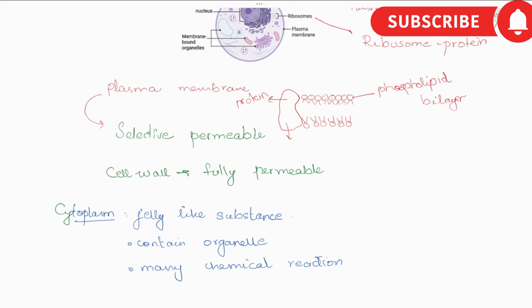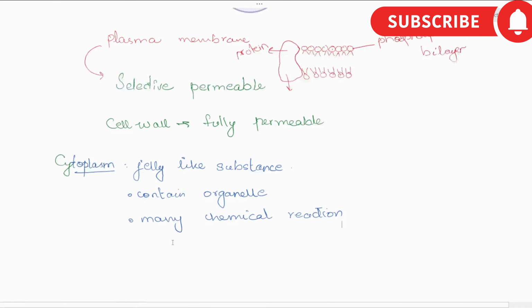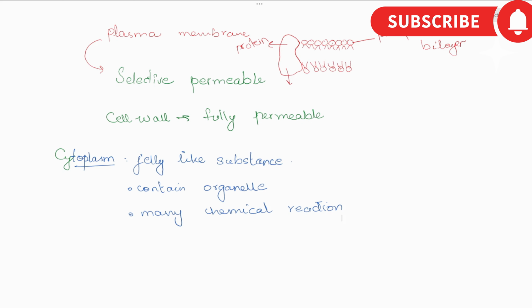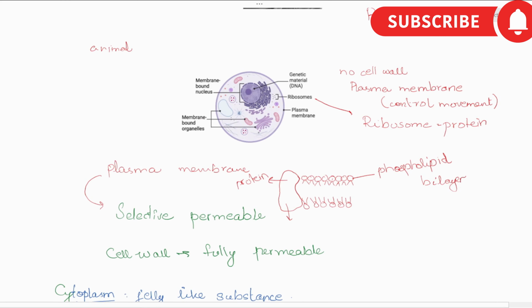Okay, the second important thing is the cytoskeleton. Why is cytoskeleton important? If you look at this diagram, you can see these lines, the very small lines. These are cytoskeletons. What is the function of cytoskeleton?